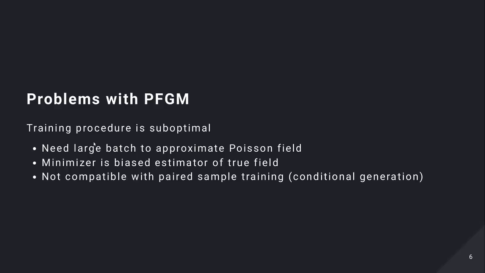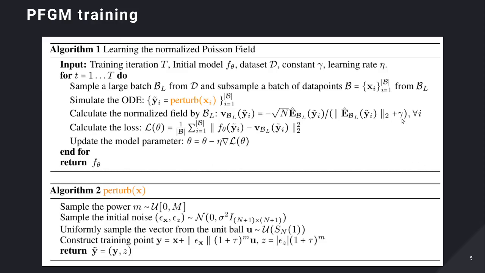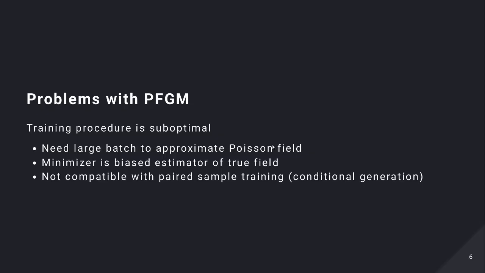First of all, you need a large batch to approximate the Poisson field. That's expensive. It's an overhead when you're trying to train your model. But also the minimizer is a biased estimator because, I think you can see this gamma term, which is there to avoid dividing by zero, but it also means that the minimum of your loss function is slightly biased, so it's not quite the true field that you'd like to learn.